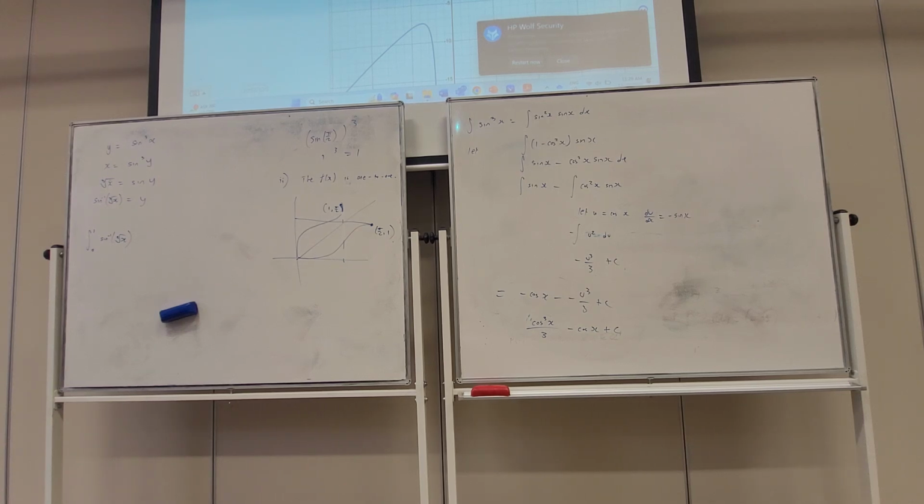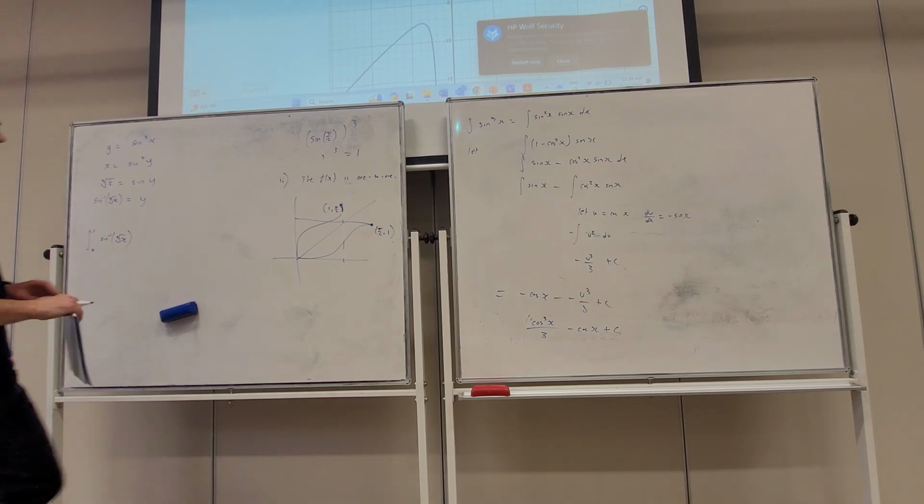It's still the same. We use part A, so we've got the integration of sine to the 3x. Okay, how about this? Here's a better way.